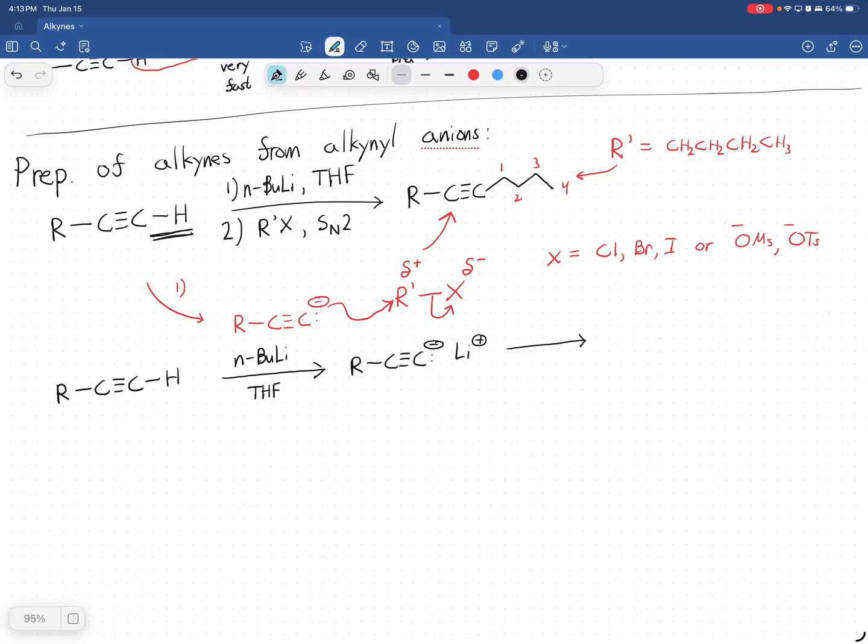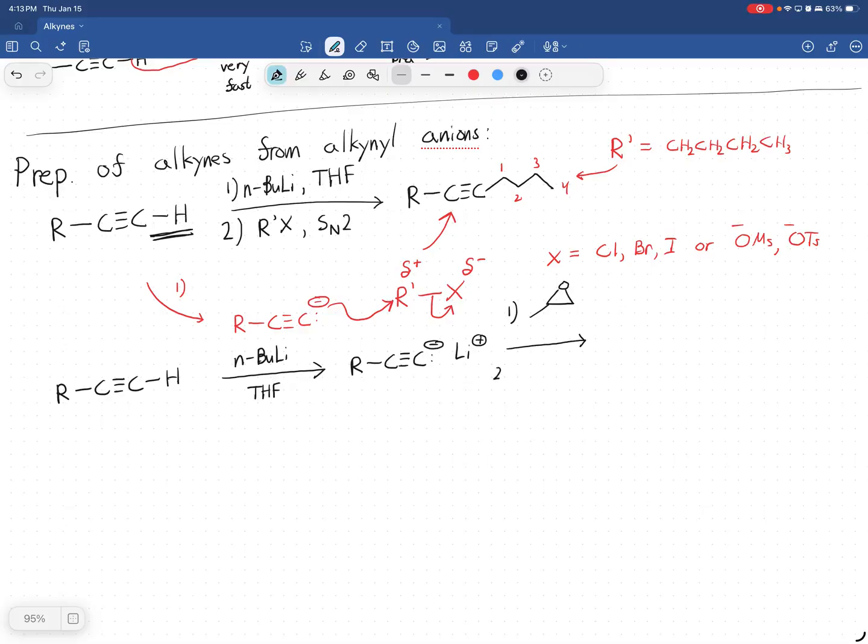So let's use an epoxide this time. So remember how epoxides work. Which side will the alkyne anion attack the epoxide?